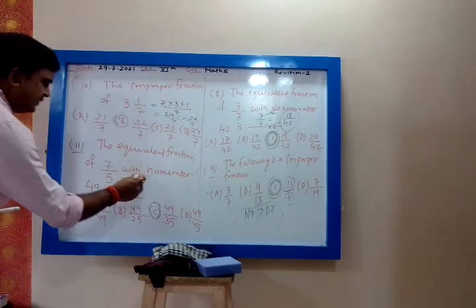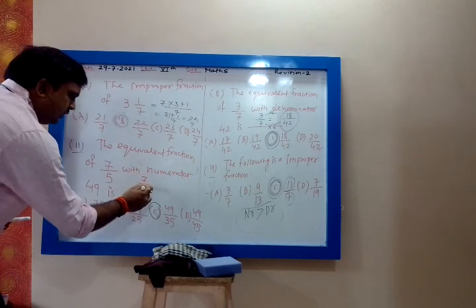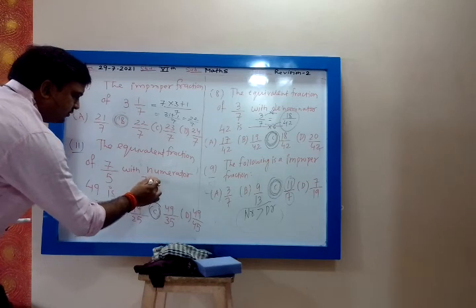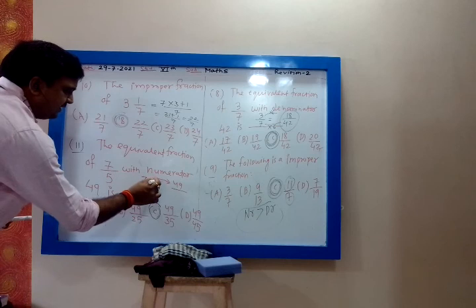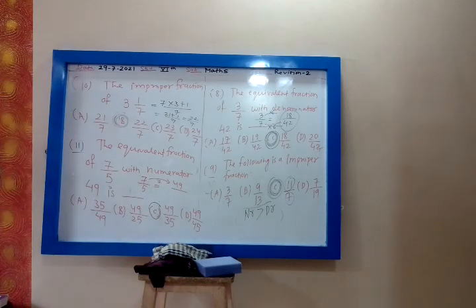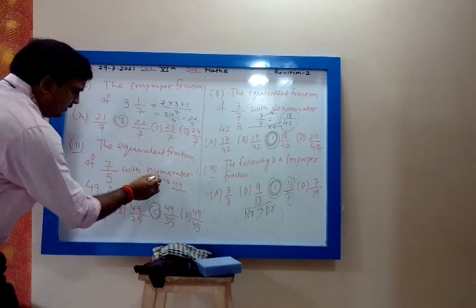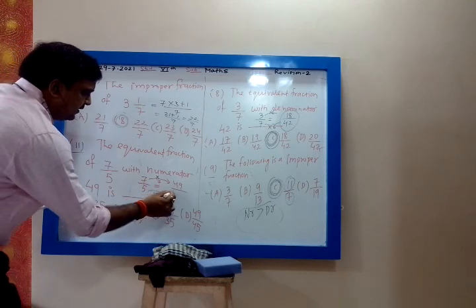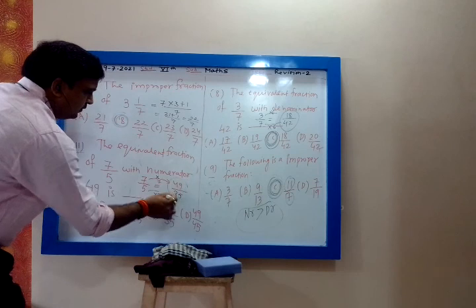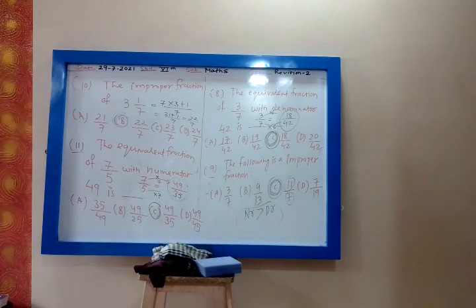We have 7 upon 5. You want numerator 49, so this 7 becomes 49. That means you have multiplied 7 by 7. So the denominator also you have to multiply by 7. 5 7s are 35. 49 upon 35, C is the correct answer.